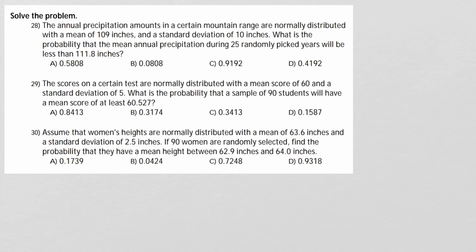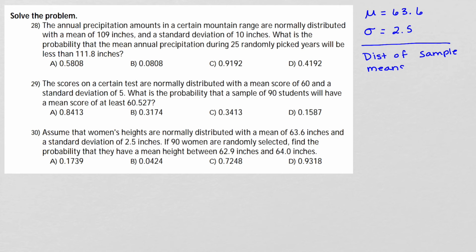So again, I look at what is the mean for the original distribution of the heights, and that is 63.6, and my standard deviation is 2.5. So the distribution of the sample means, mu sub x bar, is just mu, and that is 63.6.